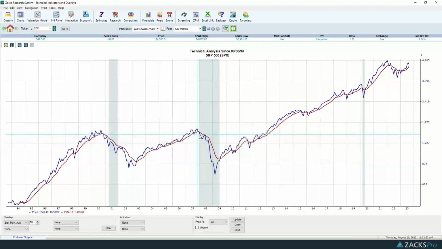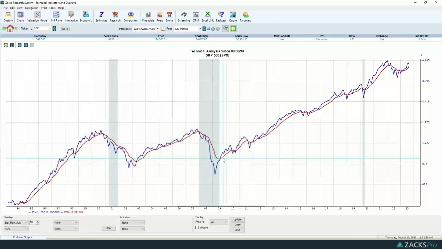So as you can see here, you avoided one of the biggest drawdowns in modern market history. You would have also avoided this massive bear market that we saw as the dot-com bubble burst. So these are two massive drawdowns that you would have avoided if you follow the simple rule.